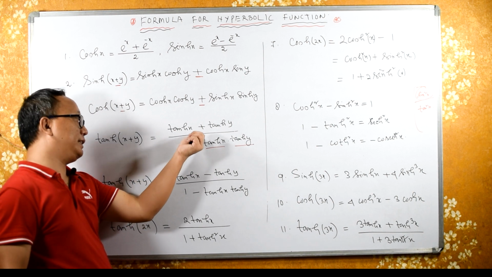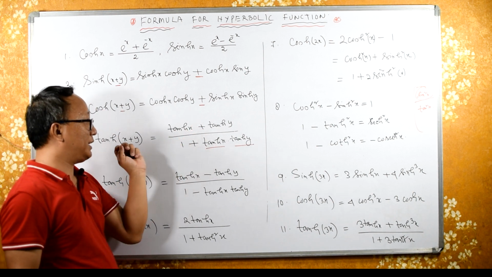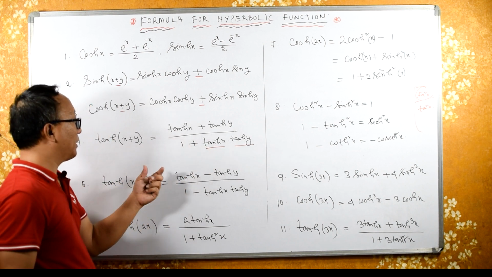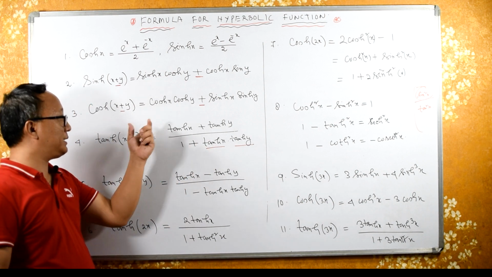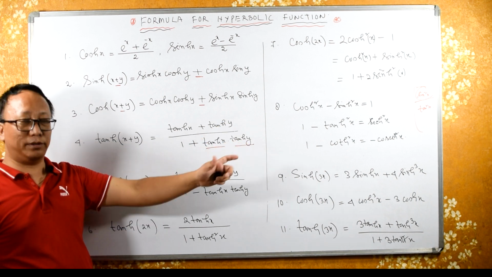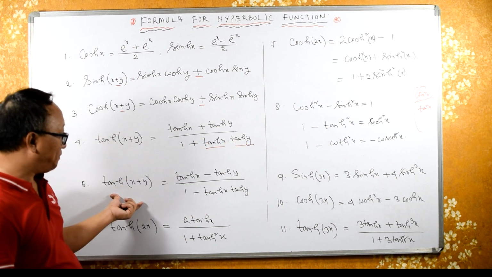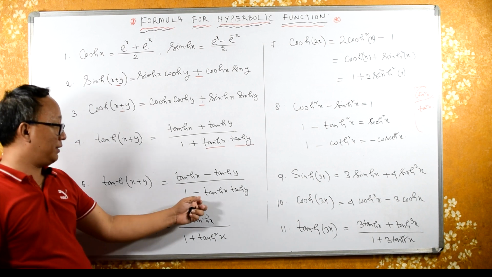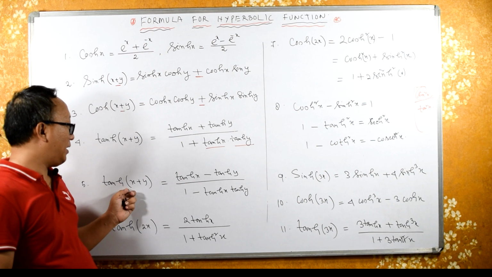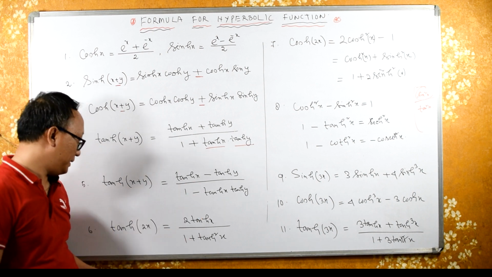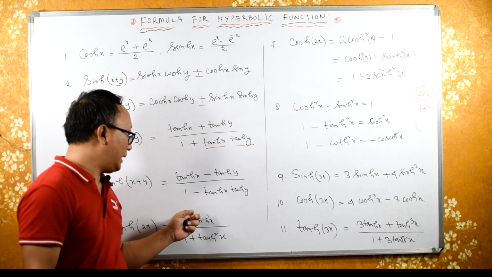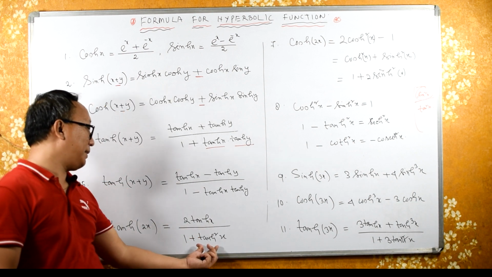Since it was minus, we change it to plus. So tan hyperbolic of x plus y is tan hyperbolic x plus tan hyperbolic y upon 1 plus tan hyperbolic x into tan hyperbolic y. Similarly here we are changing the term: it was plus before hyperbolic, now it is minus. All the rest are the same. Tan hyperbolic 2x is 2 tan hyperbolic x upon 1 plus tan hyperbolic square x.